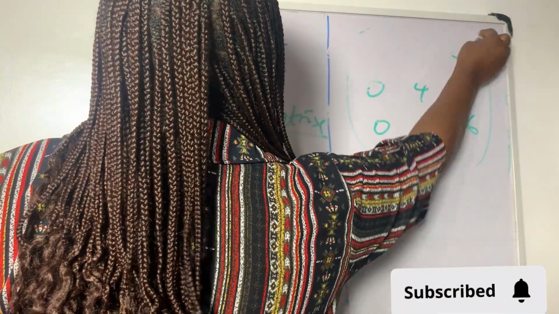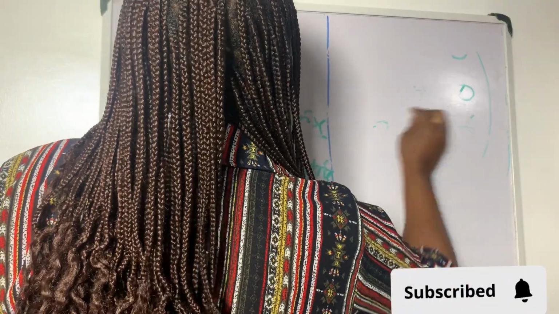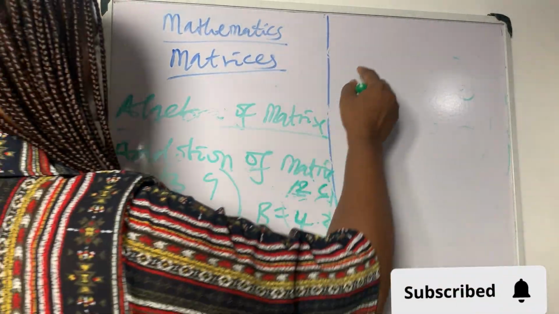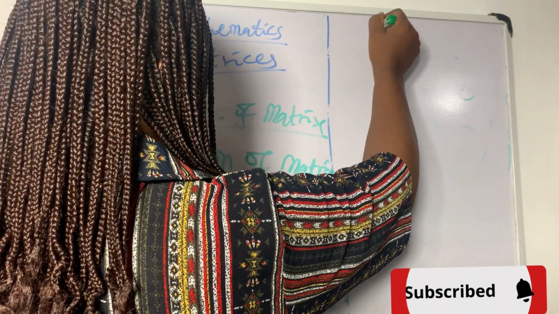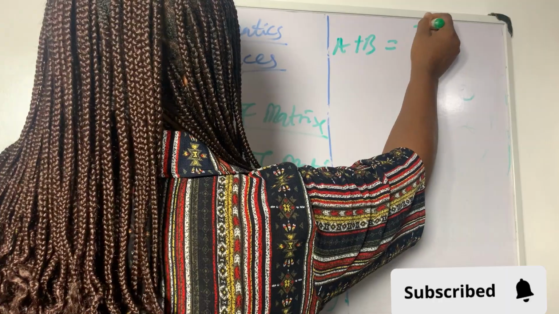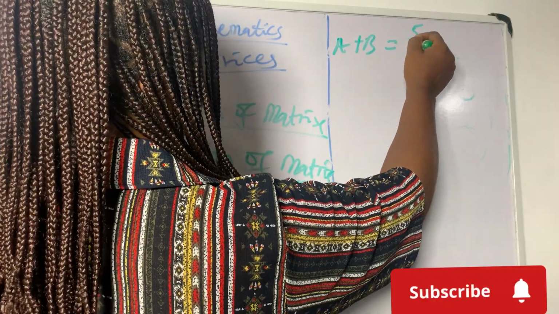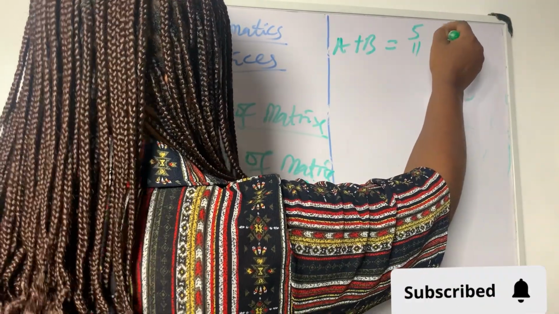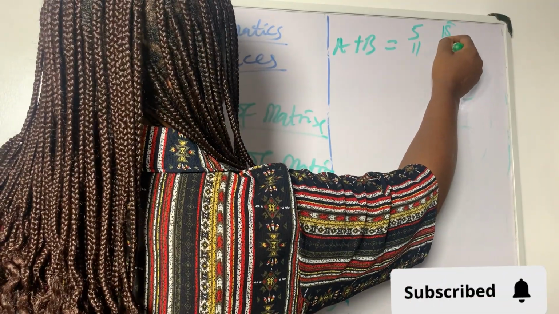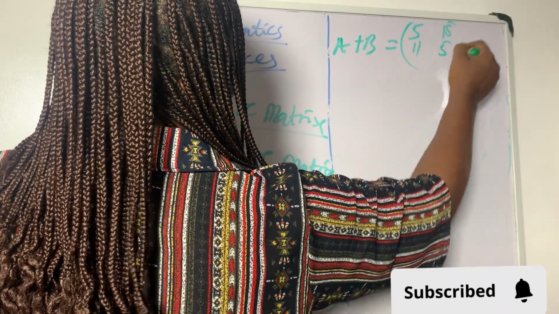Continuing this other side, 3 plus 2 is what? We have 5. 7 plus 4 is 11, and 9 plus 6 is 15. 2 plus 3 is still 5.